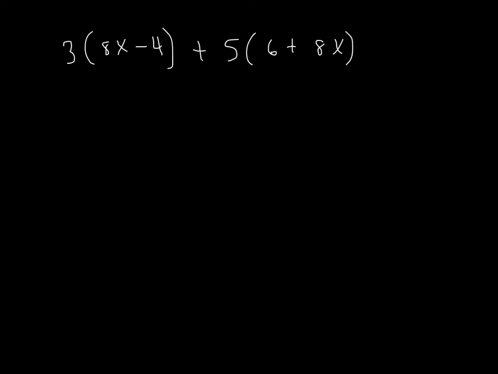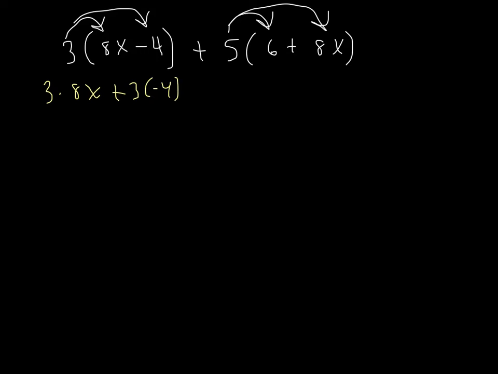It's getting juicier. I have distribution here, and I have distribution here. Double distribution. No big deal. I'm just going to attack them one at a time. Draw my arrows in, and now I'm just going to sort of isolate my thought process. So on the left side, I have 3 times 8x added to 3 times negative 4.